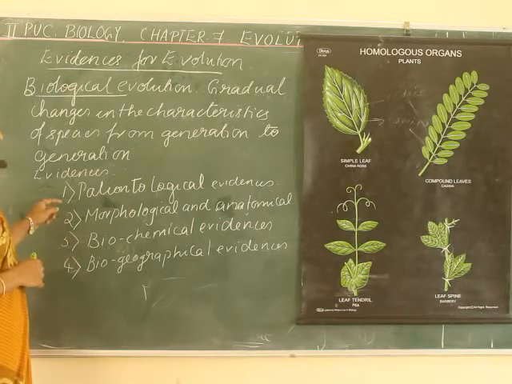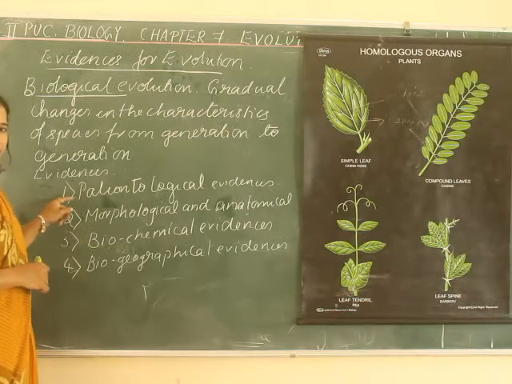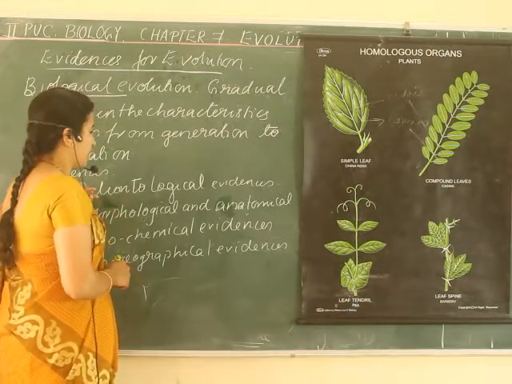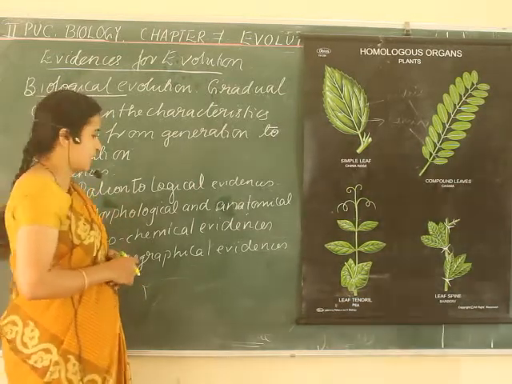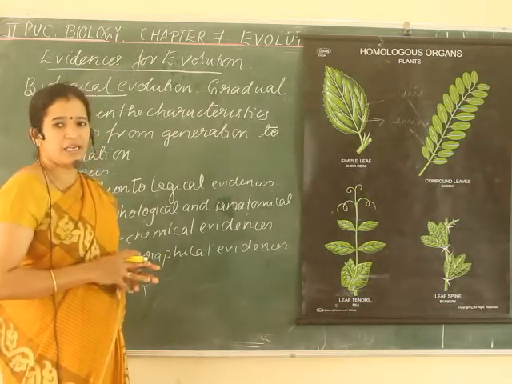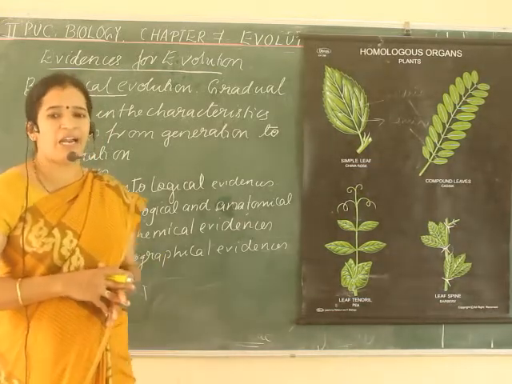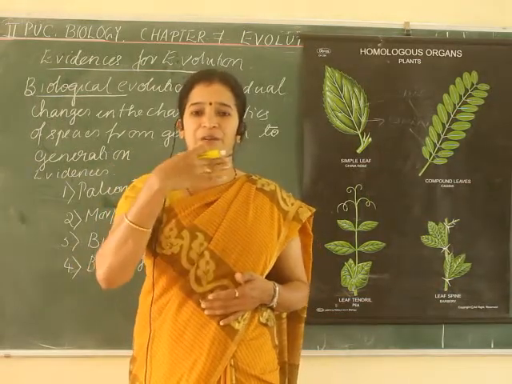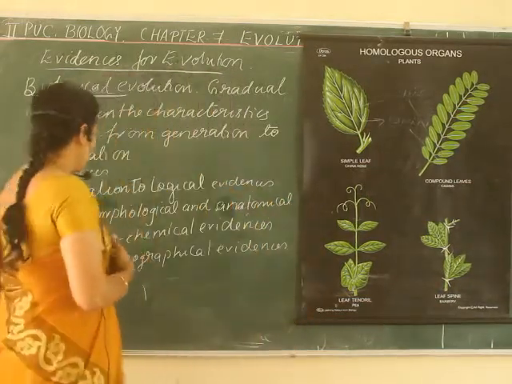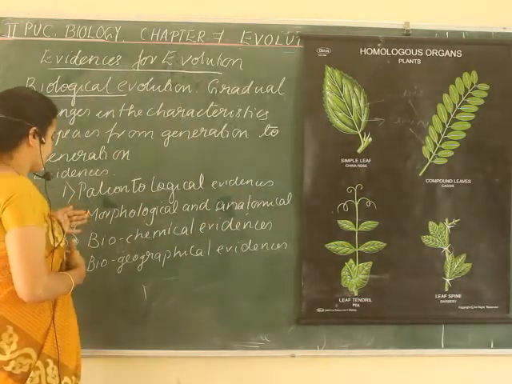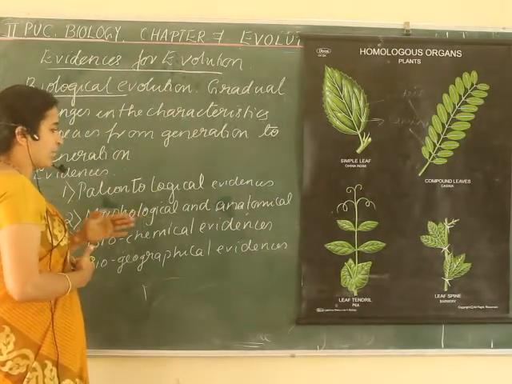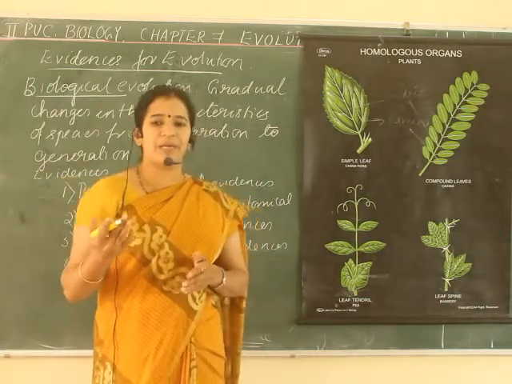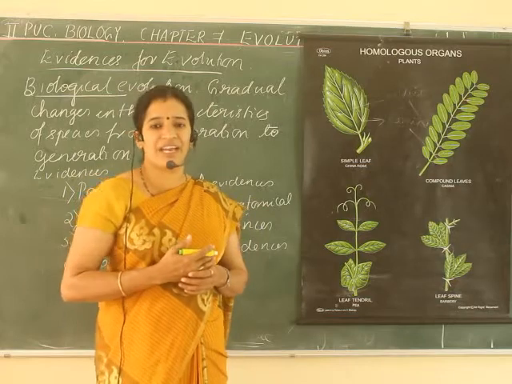The first one is paleontological evidences. Paleontology means the study of fossils. With the help of fossils, we'll understand how fossils give evidence, and it will also help us understand different life forms that existed in different geological periods. Then morphological and anatomical evidences bring some comparative anatomy between the structures of various organisms.